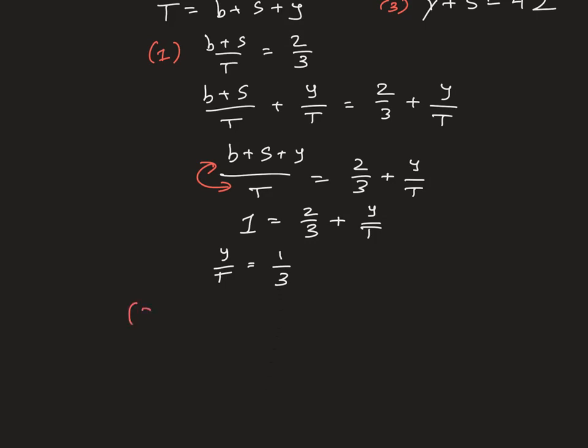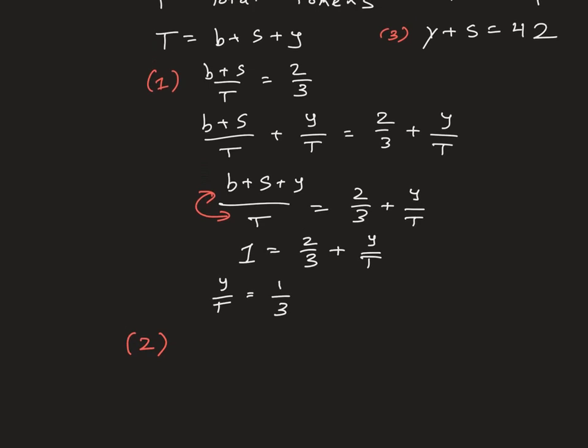Now let's look at equation 2, which says that (B plus Y) over T equals 3/4. So now let's try adding S over T to both sides.